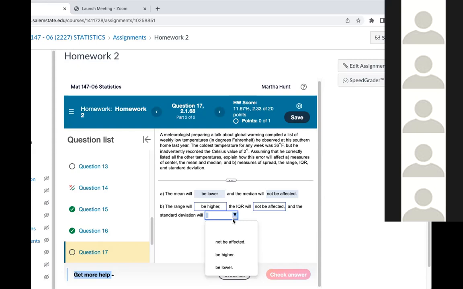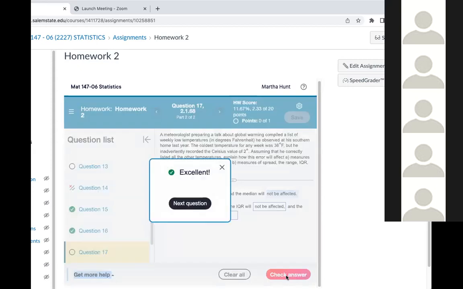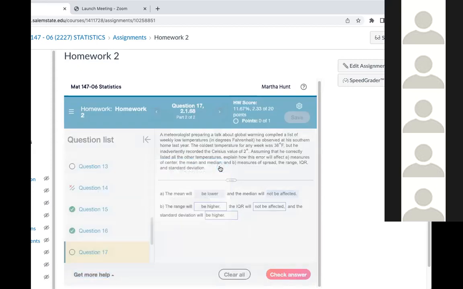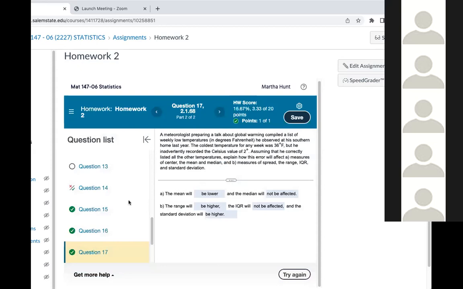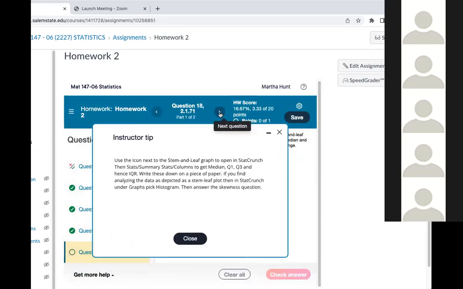It's going to be higher because it replaced the 36 with something that was further from the mean. Okay, so it's going to make it higher. And I think we're out of the woods here. We're going to check our answer and be done with it. Okay. We're done with it. So we're going to move on to the next question, and forget about the instructor's tip.